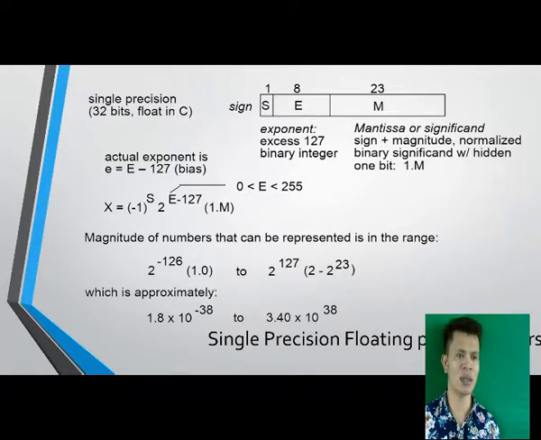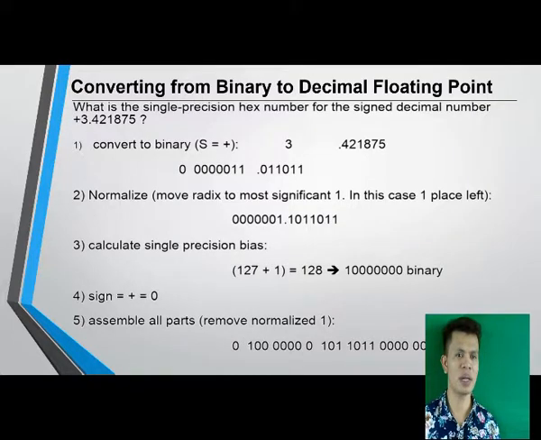X is equal to negative 1 to the sign bit, times 2 to the exponent minus 127, times the mantissa 1.f. The magnitude of a number that can be represented is in the range 2 to the negative 126, mantissa is 1, up to 2 to the 127 times 2 minus 2 to the negative 23, which is approximately 1.8 times 10 to the negative 38 to 3.40 times 10 to the 38. Here is an example of converting a decimal to a binary floating point.